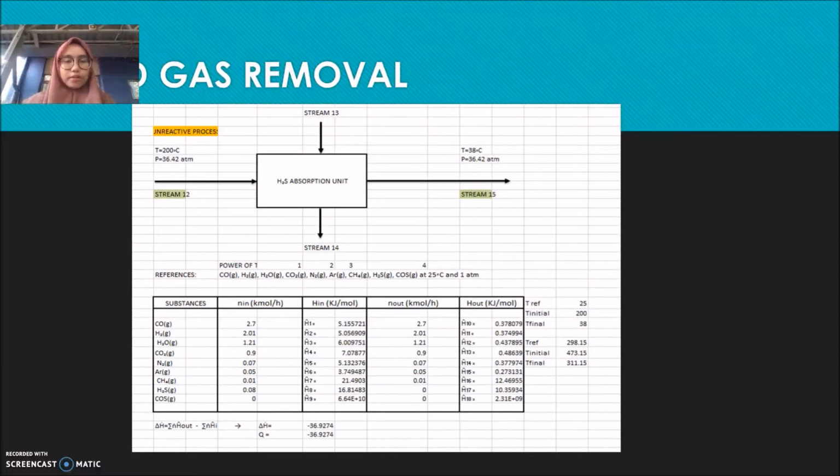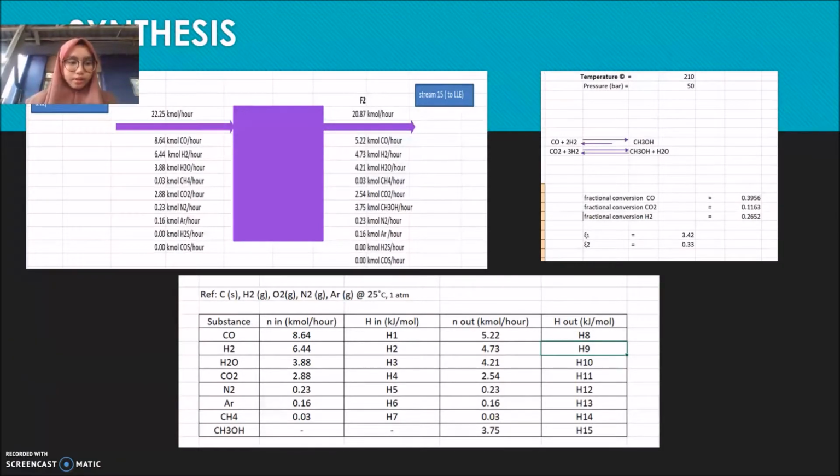After leaving the compressor, it will enter the H2S absorption unit through stream 13. In this absorption unit, the reference is all substances in gaseous state at 25 degrees Celsius and 1 atm. After calculating the energy balance, we obtain Q equal to negative 36.9274.